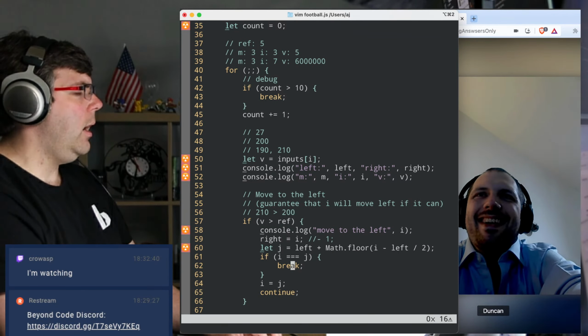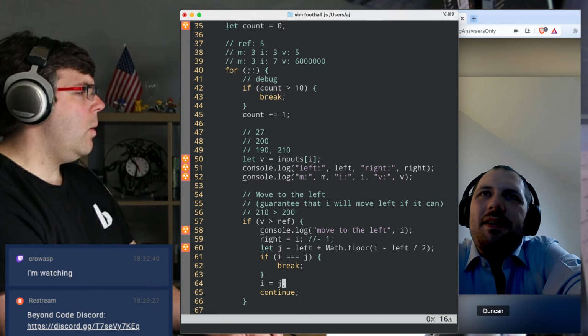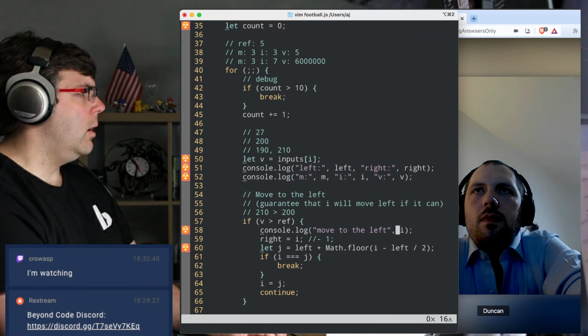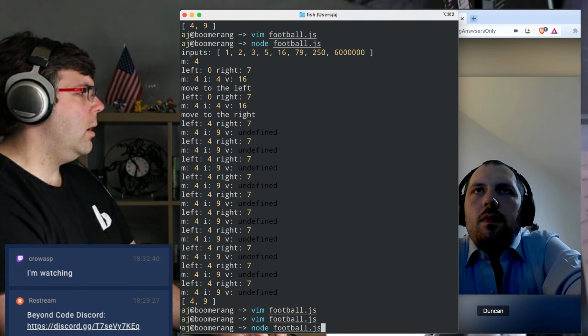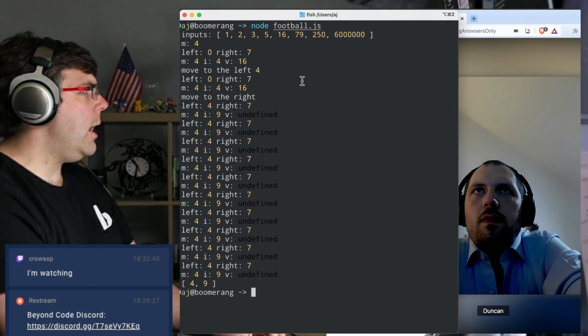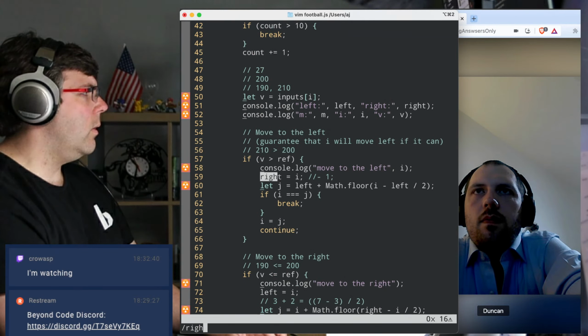I is equal to j. Oh, no, if I is equal to j, we break. That's fine. Move to the left. I'm so confused right now. Move to the left, 4. How is this possible? Did I reassign a value that I... Right.